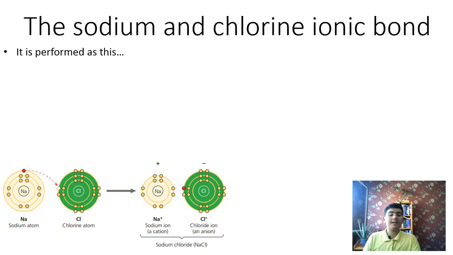These plus and minus charges attract each other, and so the sodium and chlorine come together and form sodium chloride. As you should know, sodium chloride is the same as table salt that we use in the kitchen. Have that in mind, and let's continue.